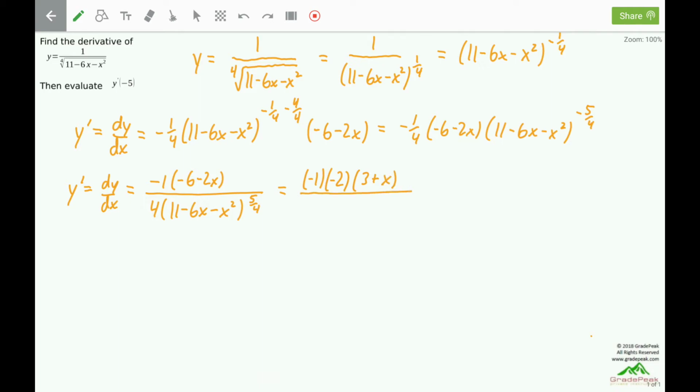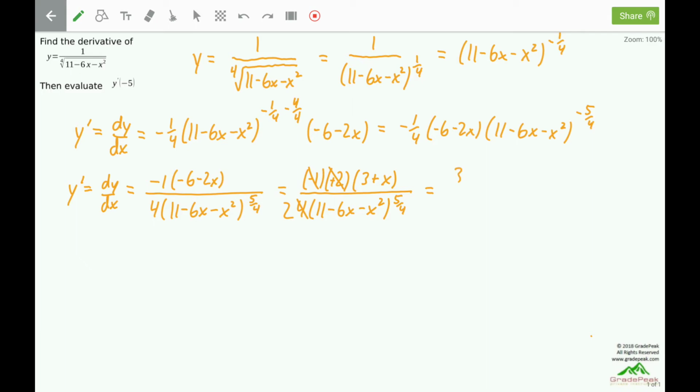Now the reason I factored the 2 out is that 2 can cancel partially with the 4 in the denominator. You can only cancel once they are multiplying, by factoring it out. The negative 1 and the negative 2 become a positive 2, but then that 2 and that 4 can cancel, leaving a 2 in the denominator.